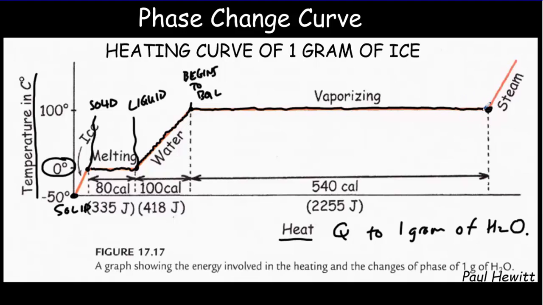But until you get nothing but gas, there's no change in temperature. It stays at 100 degrees Celsius. So what's the temperature of boiling water? Well, it's always 100 degrees Celsius. Once you've got nothing but gas, if you trap it, you can continue to add heat and increase its temperature. So those are the basic features of a heating curve.